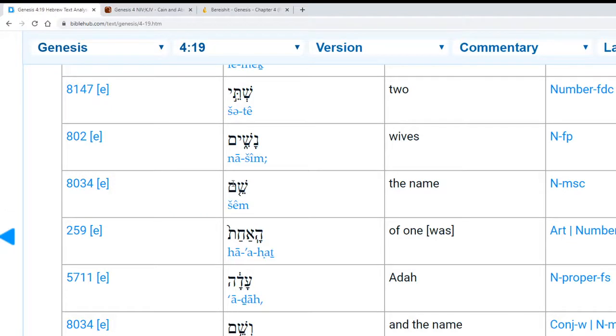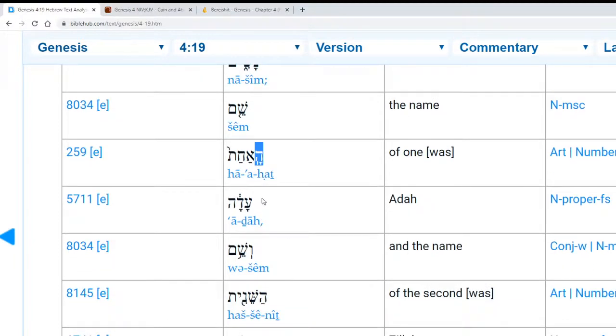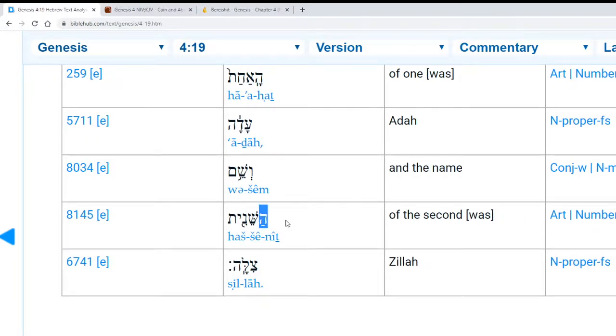Nashim, Shem, name, ha'achat, right? So this is the article he, one, achat meaning one. Shem ha'achat, so the name of one, of the first one, right? Shem ha'achat, Ada, so that's her name. Shem, which may be related to the word Eden. Veshem, and the name, so this is conjunctive vav, Shem being name. Hashenit, so the hey is the article, Shenit, right?